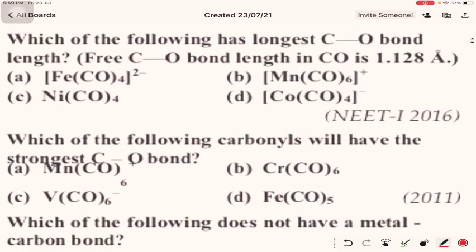Next question: which has the longest CO bond length? Longest CO means where back bonding is effective, because the bond is formed in this way. First there is formation of a carbon-metal sigma bond, and then there can be resonance.